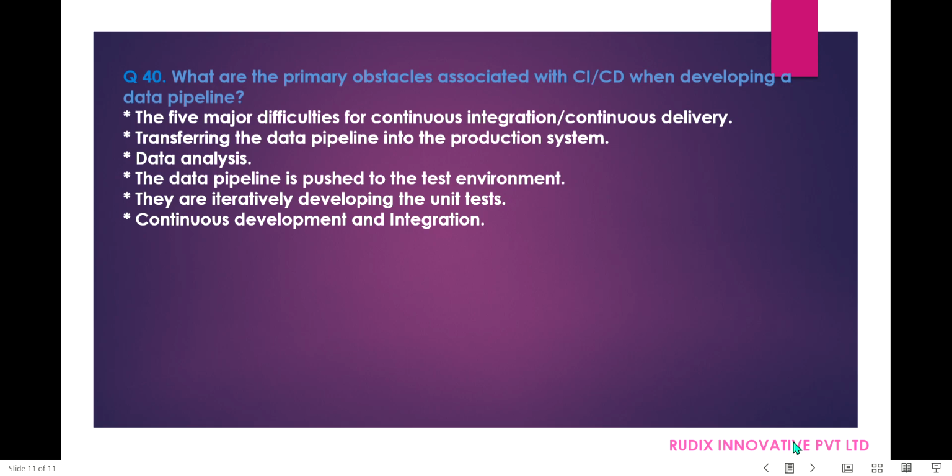Here are some major difficulties for continuous integration and continuous delivery. Let us see those five major difficulties. Transferring the data pipeline into the production system. Data analysis. The data pipeline is pushed to the test environment. Iteratively developing the unit test, continuous deployment and integration.